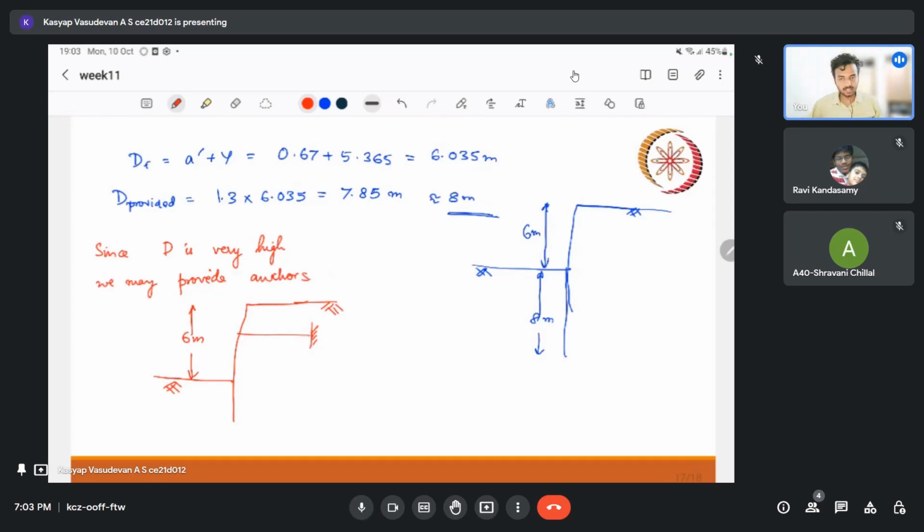That will be dealt with in the next week. And also, all these things were for cohesionless soil. Sir started to explain the analysis of cantilever sheet piles for cohesive soil last week, in the last video. So we'll be solving more problems on that in the next week. And after that, anchored sheet pile will be discussed. That will be done after that. And that is the purpose of this anchored sheet pile.